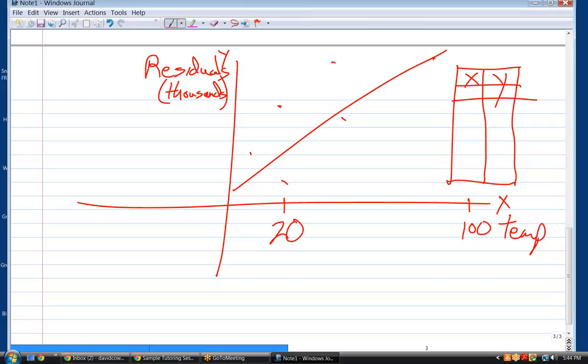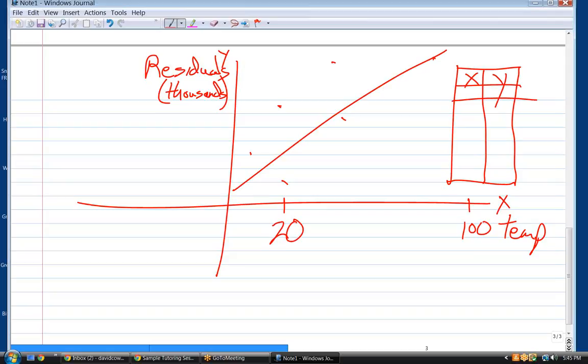But all of these problems are the same way. You need to put in a list, at least 2 columns, always 2 columns, into your calculator, and then request that the calculator give you the equation of the line based on those data points.